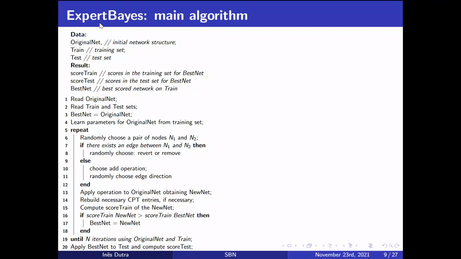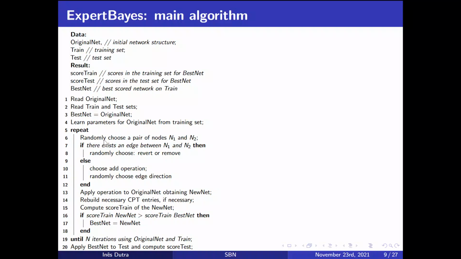And the algorithm is very simple. We read an original network, and then we read train and test sets in order to populate and build the parameters, the conditional probability tables. And we initialize the best net as the original net, the structure with its probability tables. Here is the step where we learn the probability tables.